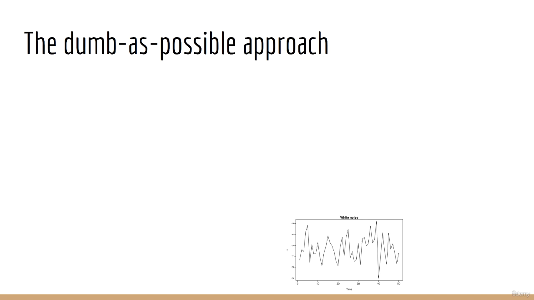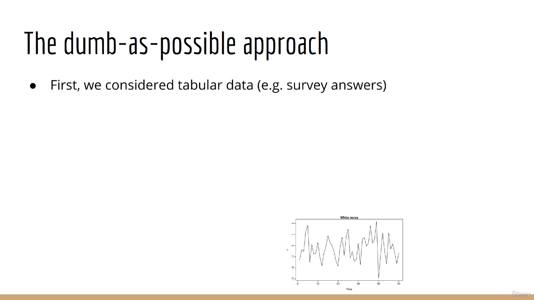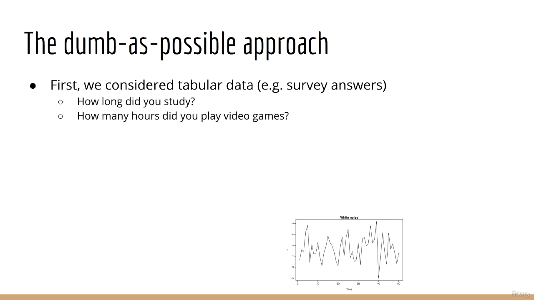So basically, this is all about your imagination. If you recall, when we took our dumb as possible approach, what did we do? Originally, we considered tabular data, such as what you might collect in a survey. Each column just represents your answers to my survey questions. How long did you study for my math exam? How many hours did you spend playing video games? Have you completed all the assignments in the course so far?